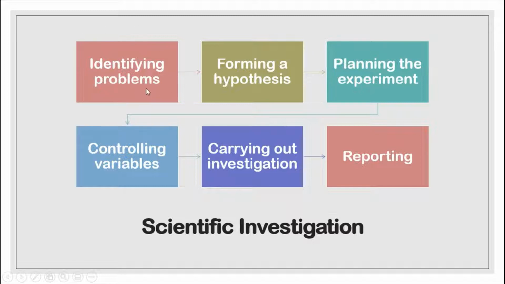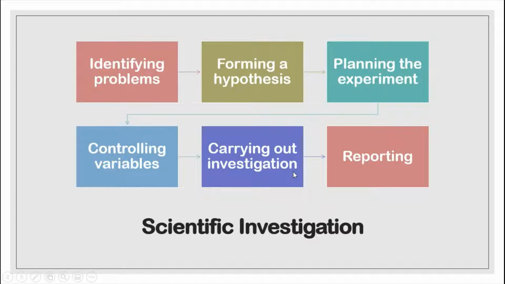Next, scientists must plan the experiments and also mind the controlling variables. After that, as a scientist we must carry out investigation. In the last part, we must do the reporting.